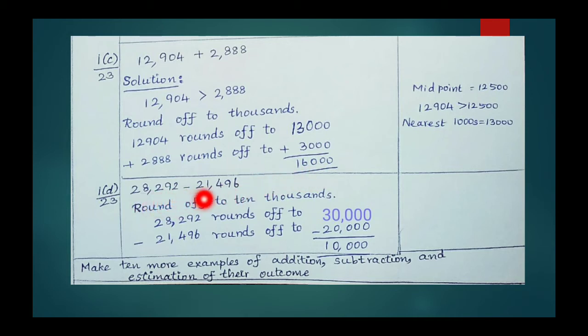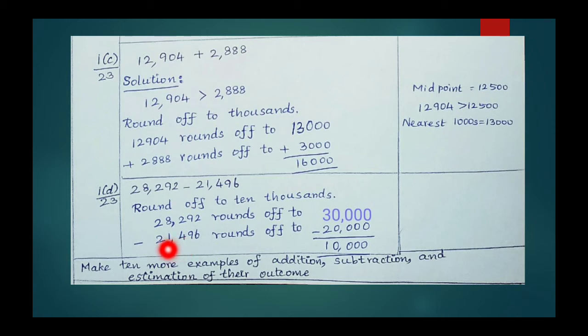28,292 minus 21,496. Both the numbers have 5 digits, so we can round off to 10,000s. Okay. 28,292 lies between 20,000 and 30,000 and is greater than 25,000, so it rounds off to 30,000. 21,496 lies between 20,000 and 30,000.